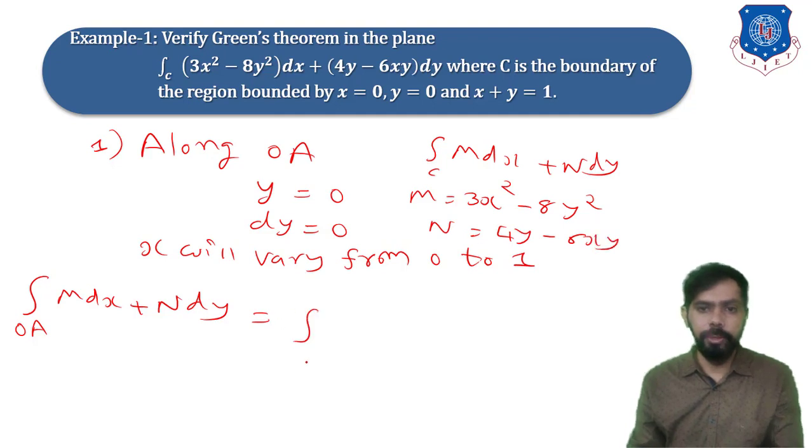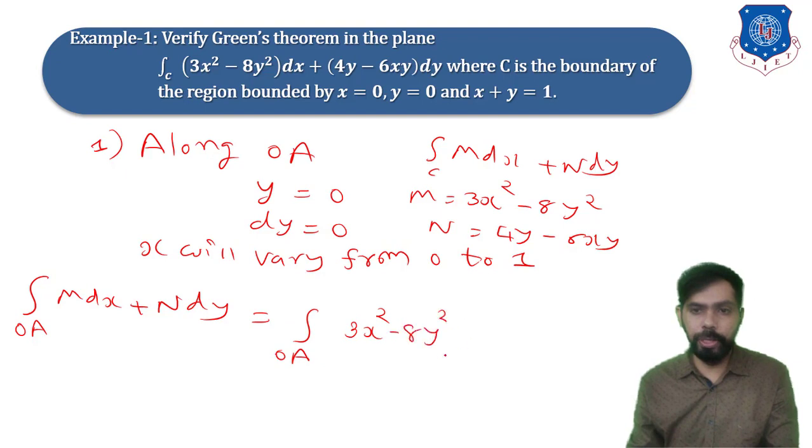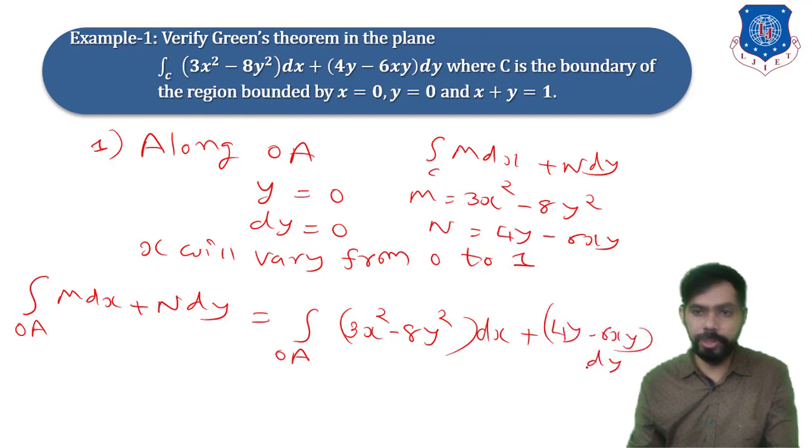So here integration, what is M? 3x square minus 8y square dx plus what is N? 4y minus 6xy dy. But along OA y is 0, therefore dy is 0, therefore no need to write down this term.